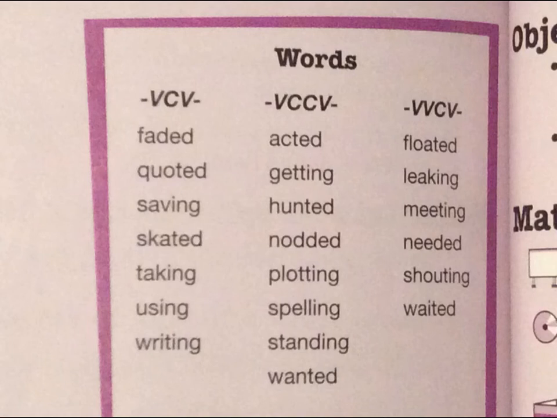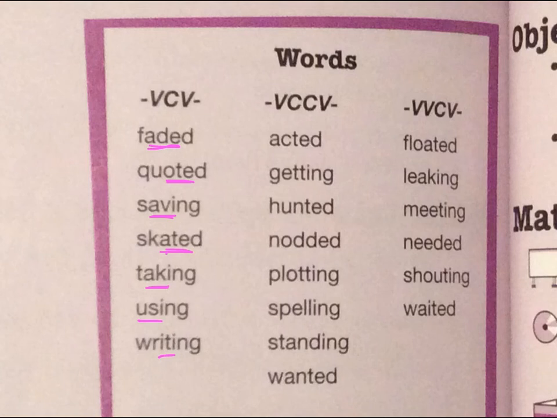In the first column, we should have faded with the vowel, consonant, vowel pattern, quoted, that OTE, saving, AVI, skated, ATE, taking, AKI, using, USI, and writing, ITI. And all of those words, remember that we had to drop the E and add ing or ed.